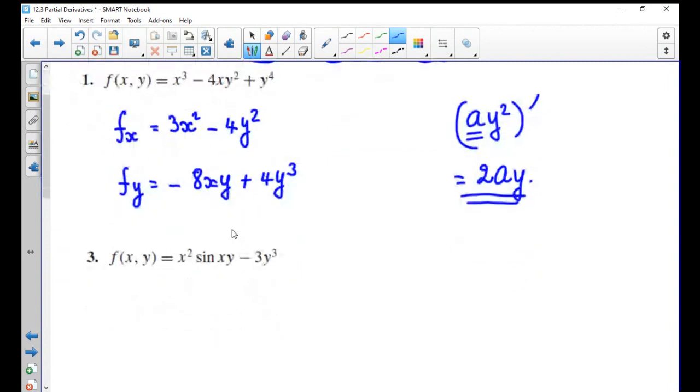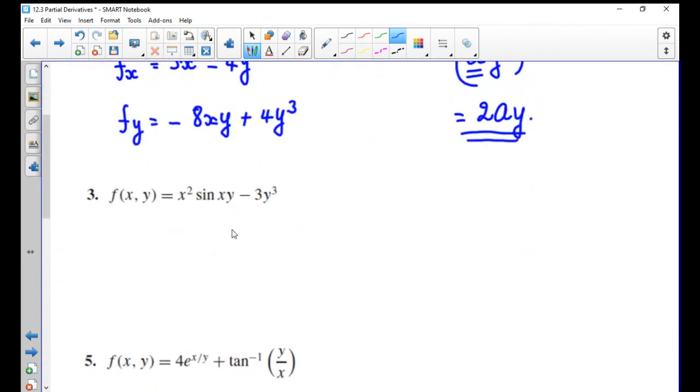Yeah? Like that. So let's say we want to do 3 here. This time, there are a lot of rules you need to use here. So if you want fx, then what is the first rule you need to use here? The product rule, yes.